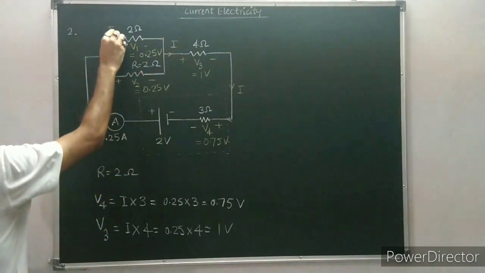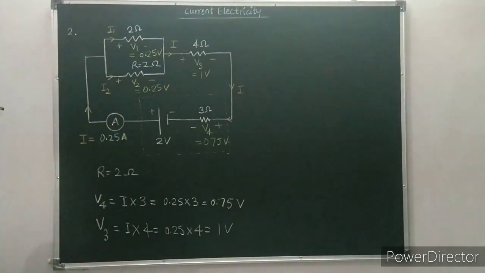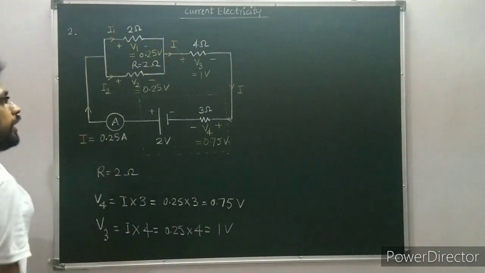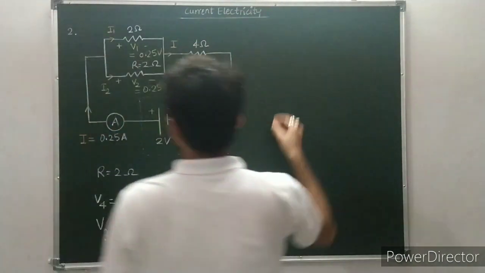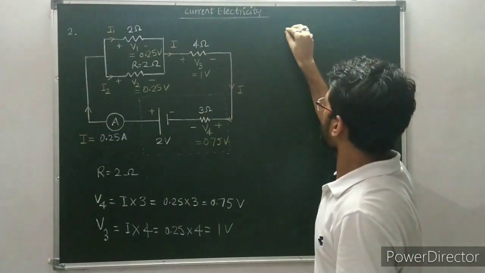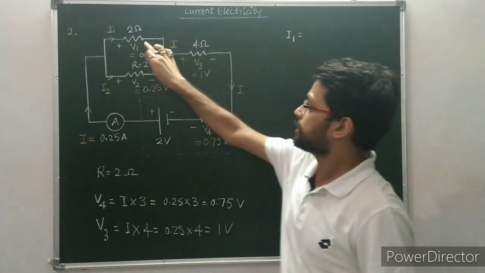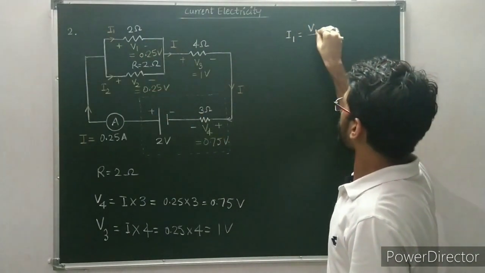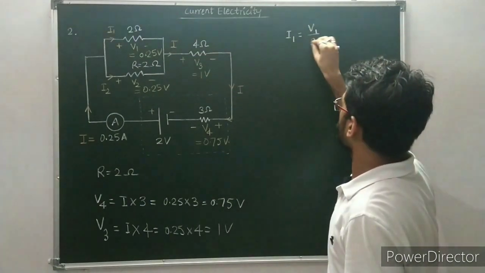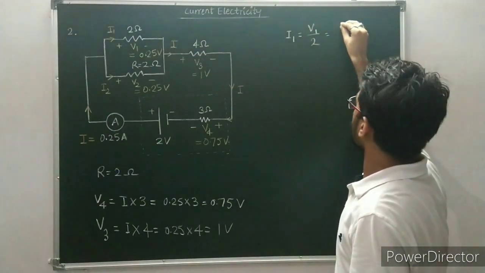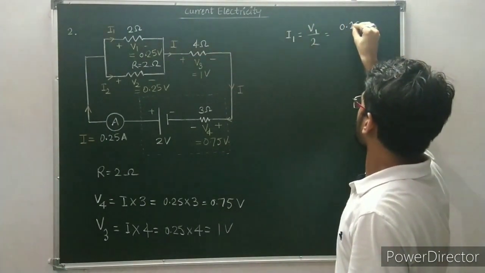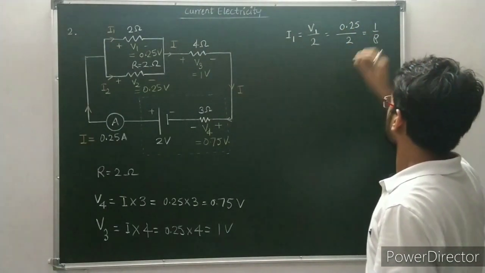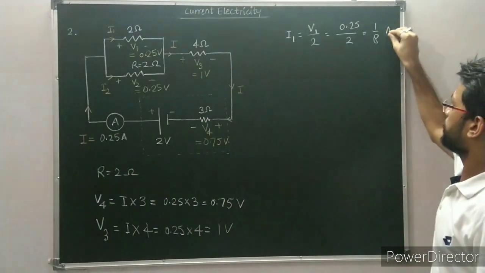Now we can calculate I1 and I2 by applying Ohm's law for these two elements. Write I1 is equals to V1 upon R1, R1 is 2 ohm, V1 is 0.25, so 0.25 upon 2, 1 by 8 ampere.